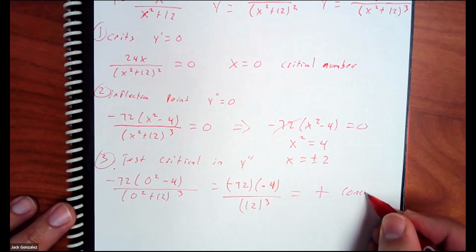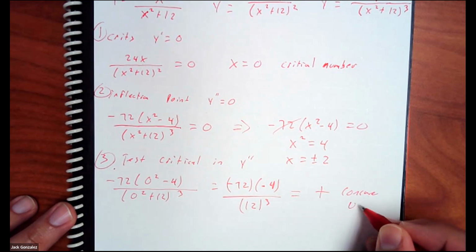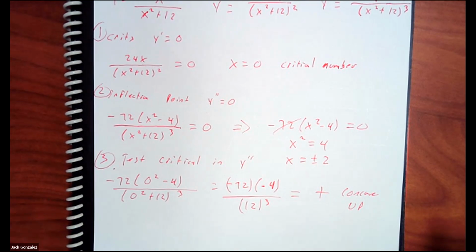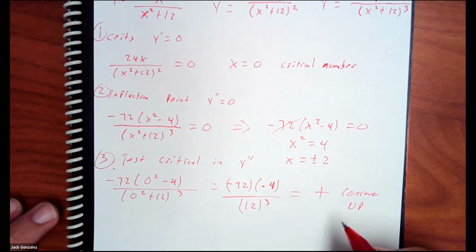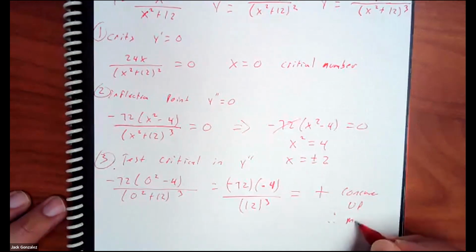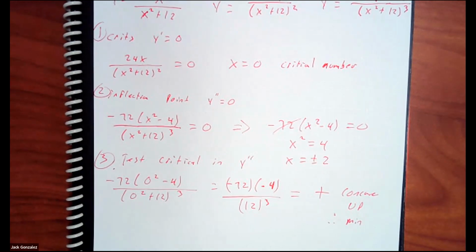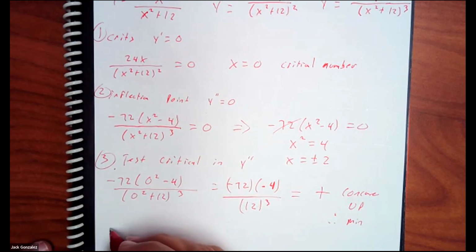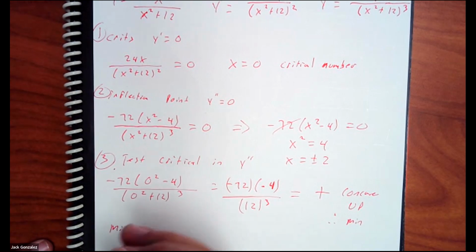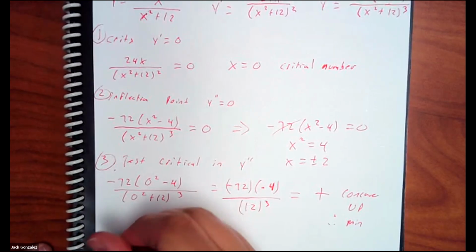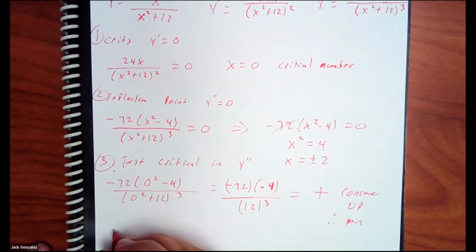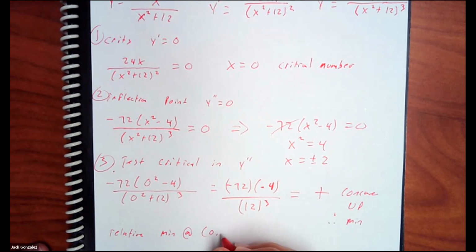It's going to be positive, isn't it? This tells us concave up. Therefore, minimum. So we have a minimum. Well, let's call it relative minimum at 0, 0.